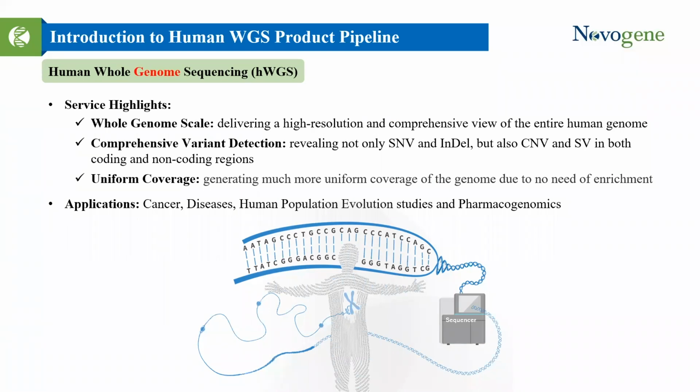Besides, since human hWGS doesn't need us to enrich the genome, we can generate genomic information with more uniform coverage. With all these advantages, our human hWGS service can benefit researchers in cancer, genetic disease, human population evolution, and pharmacogenomics.